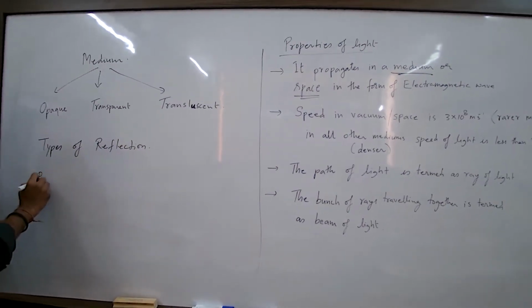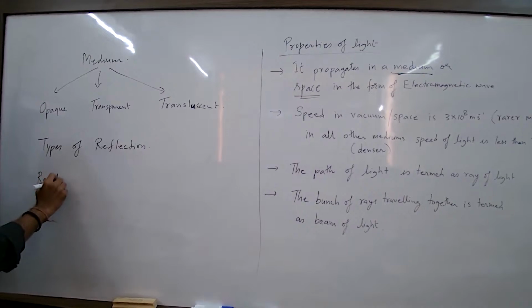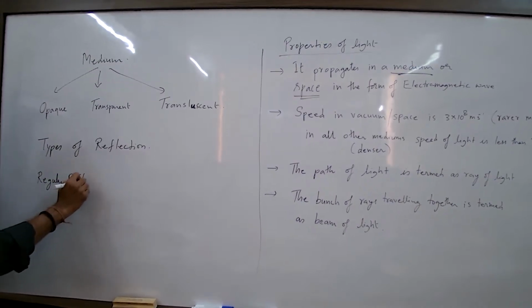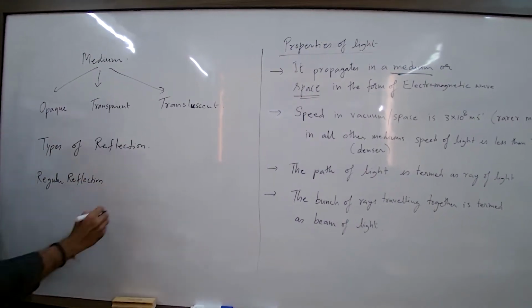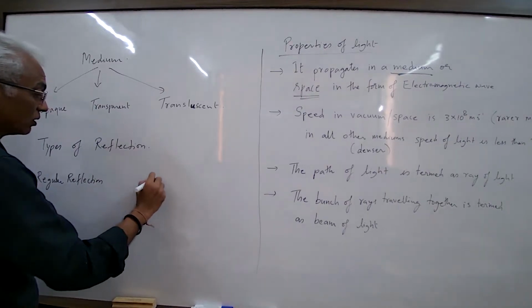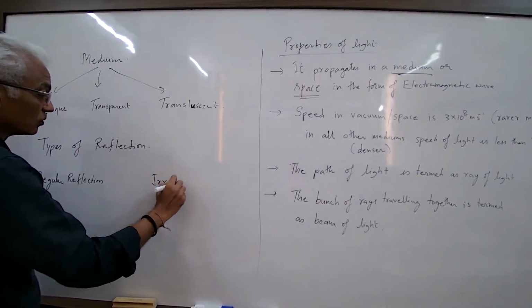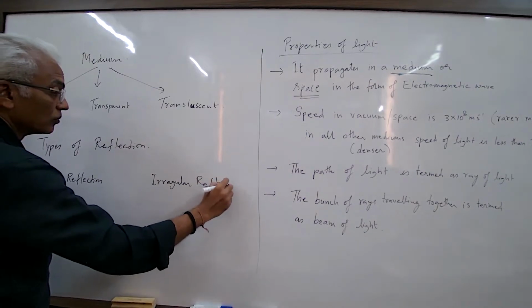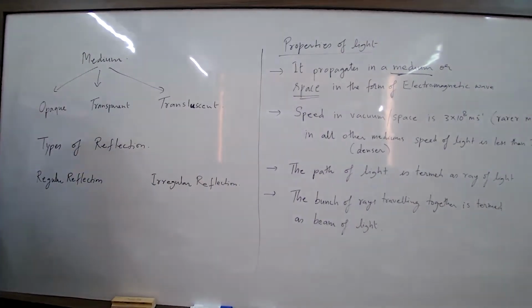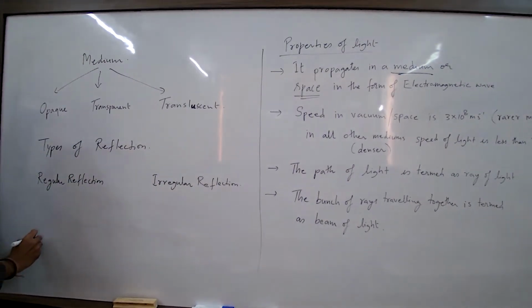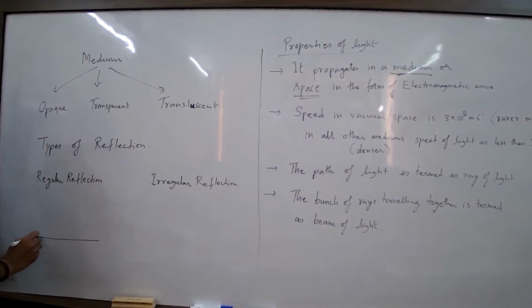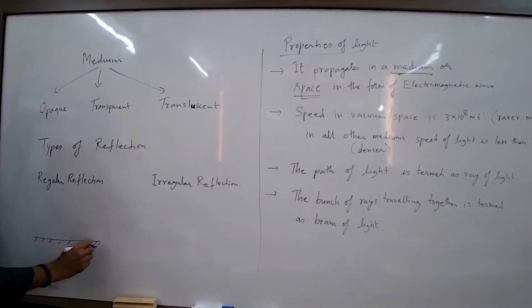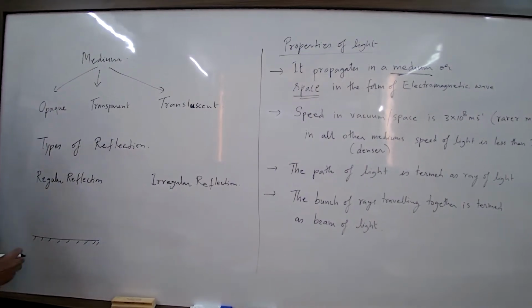One is regular, and the second is irregular. So regular reflection takes place by a smooth surface or plane surface, like a plane mirror, right?